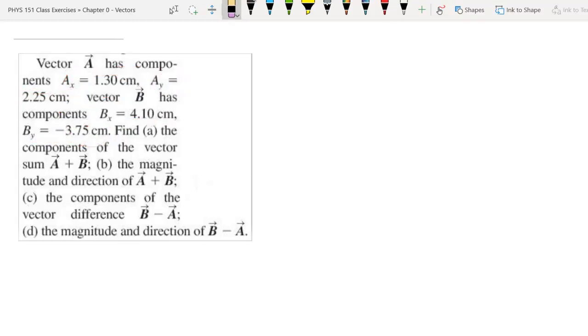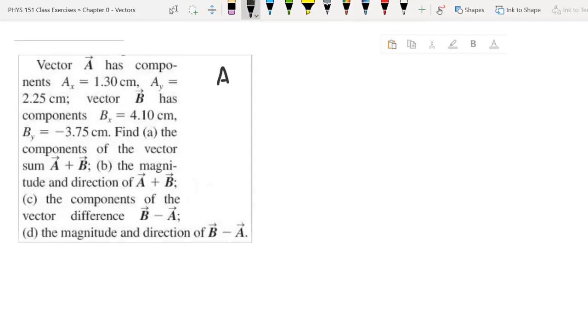So first off, it might be a little bit easier to organize these vectors by writing them out in a more compact vector notation. So I could say vector A given in vector notation is, I use this angle bracket here, and I write it out as AX comma AY, and then you put your magnitudes out here.